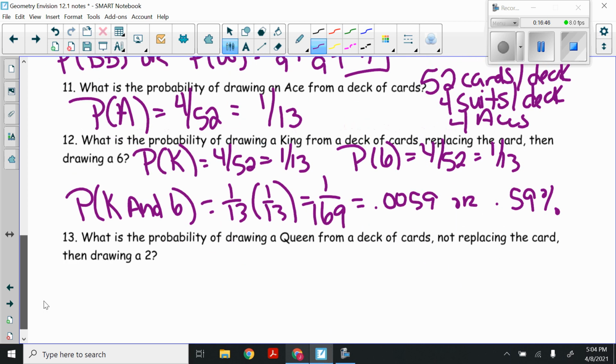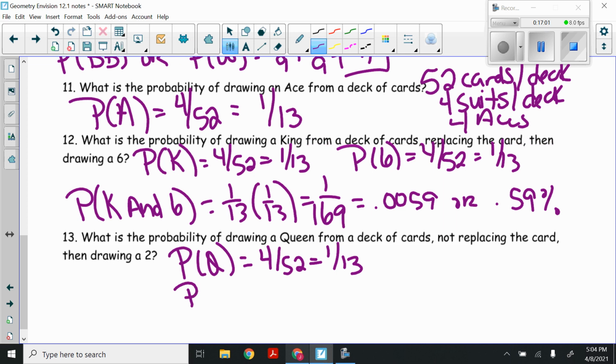What is the probability of drawing a queen? So the probability of a queen, again, 4 out of 52, or 1/13. Not replacing the card, so now I only have 51 cards to choose from. Then drawing a 2, so the probability of a 2. Now I still have those 4 2s, but now I only have 51 cards to choose from.